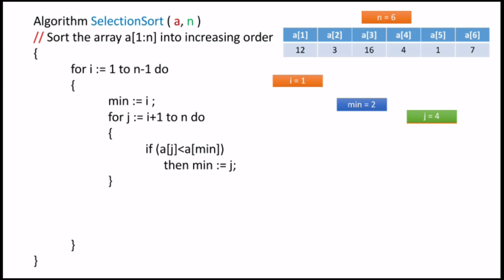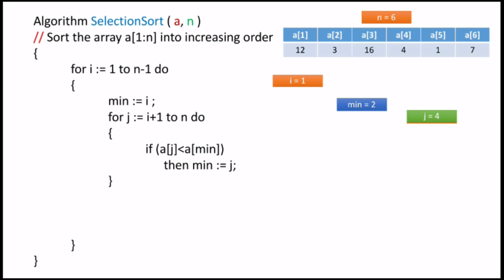So in this condition 4 is greater than 3. That means condition is false, and because condition is false, the min value will not be changed. So the minimum number's position will remain as it is.